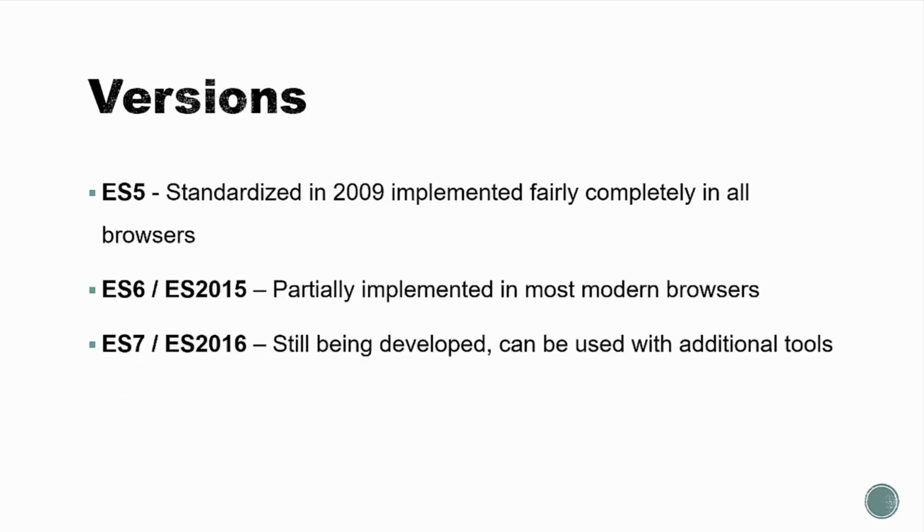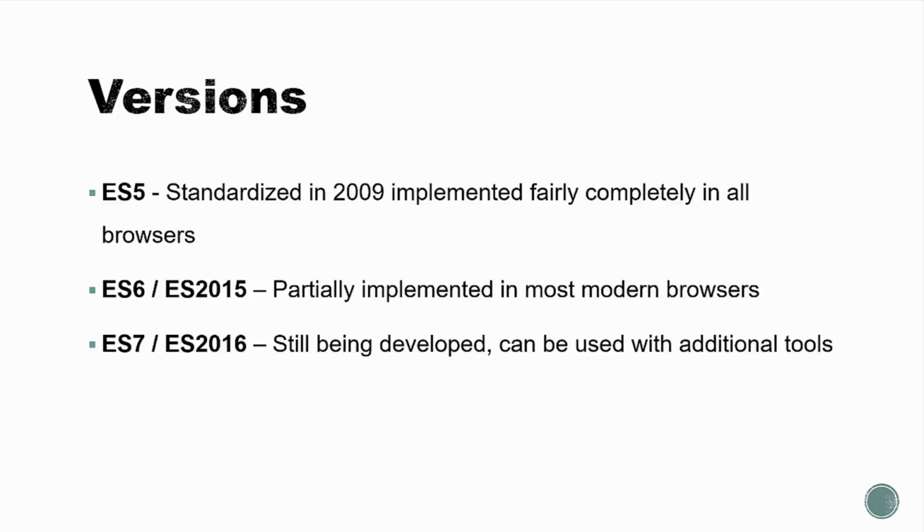All right, so here's some notable versions of ECMAScript and JavaScript. ES5 was standardized back in 2009, and it has pretty much complete compatibility in just about every browser. This is the most common version and what we'll be looking at mostly. Now, ES6, also called ES 2015, added a bunch of new features like classes, arrow functions, generators, modules. ES6 features are not all compatible with some of the modern browsers.